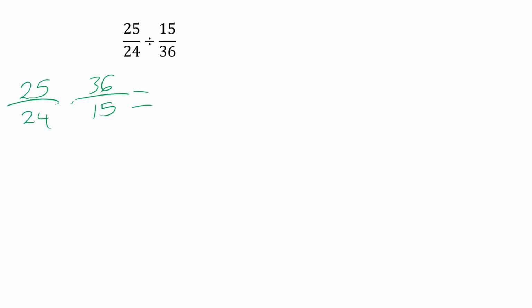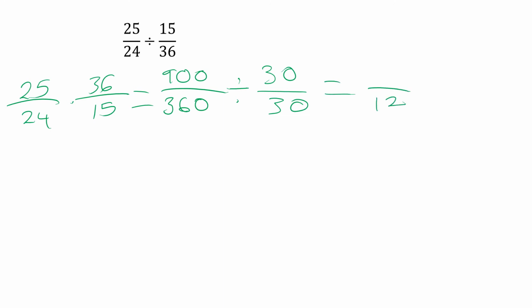You'll get 25 times 36, which is 900, and then 15 times 24, which is 360. And then you can reduce from there. Both of those can be divided by 30. 360 divided by 30 will give us 12. 900 divided by 30 will give us 30.